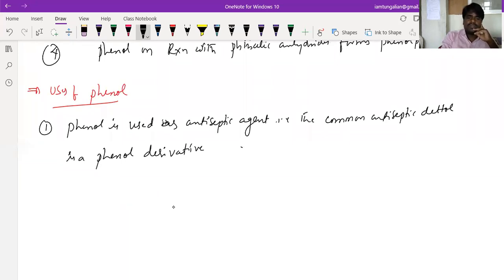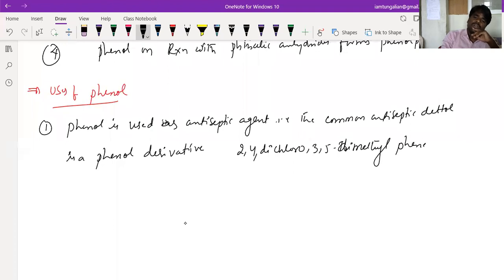So this is 2,4-dichloro-3,5-dimethylphenol, known as Dettol, beta.